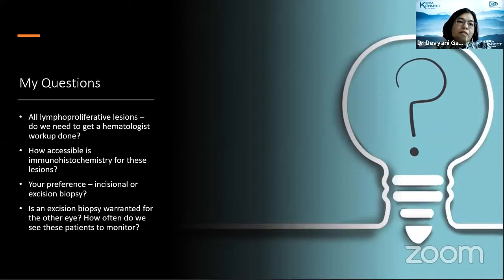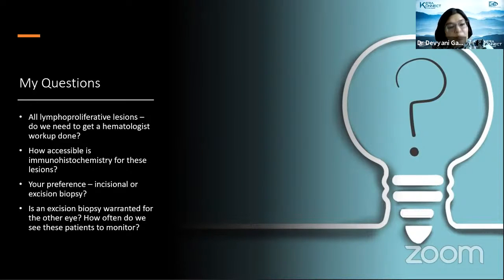Do these lymphoproliferative lesions need us to get a hematologist involved in the whole process? How accessible is immunohistochemistry to these cases, and how important is it? Is it for prognosticating these lesions, especially considering that the left eye also has a similar lesion?